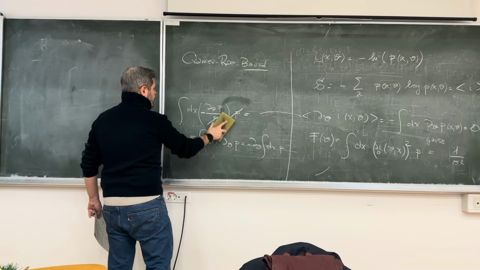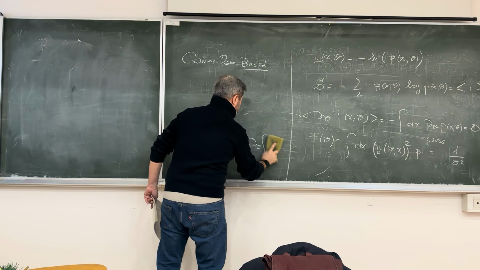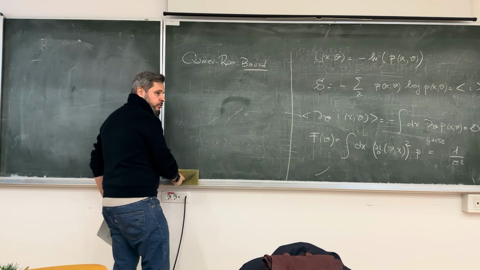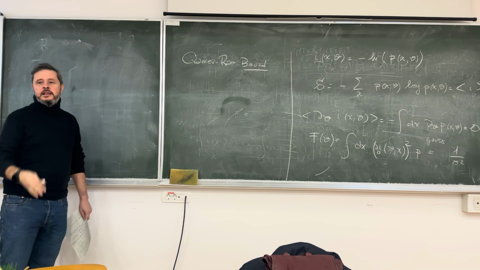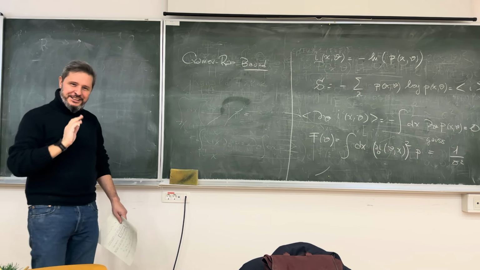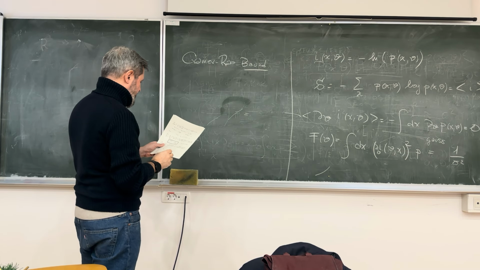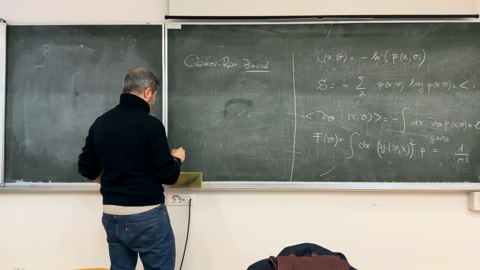All right. So the Cramer-Rao bound, which I'm not going to prove, but you can find the proof on Wikipedia. That's the simplest place where you can find it.